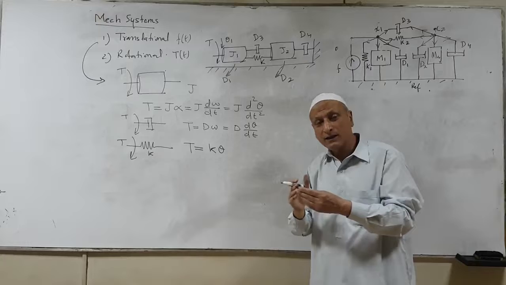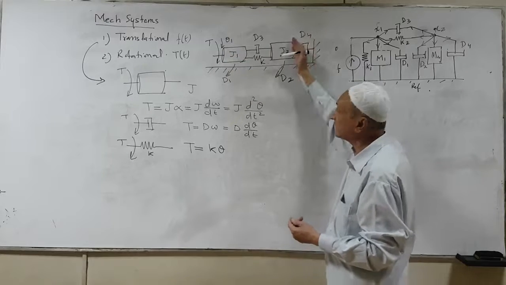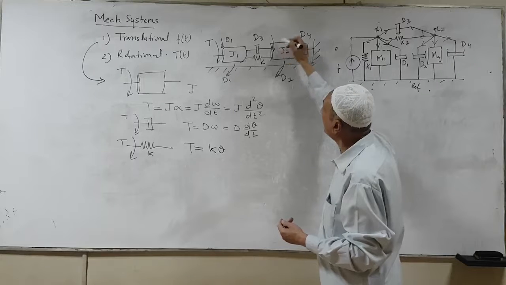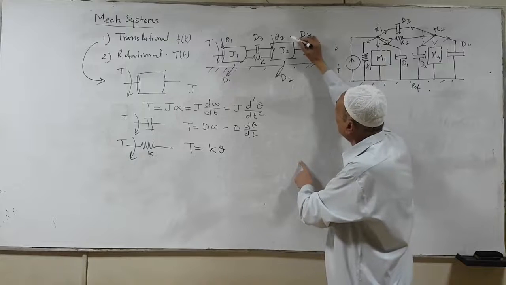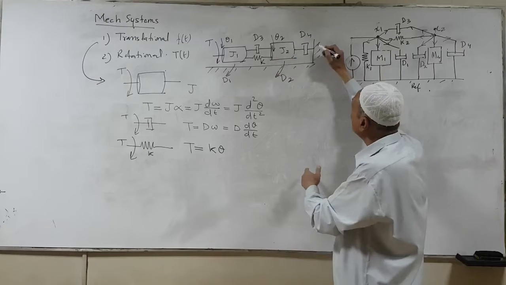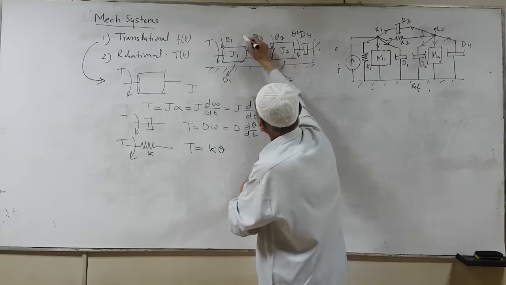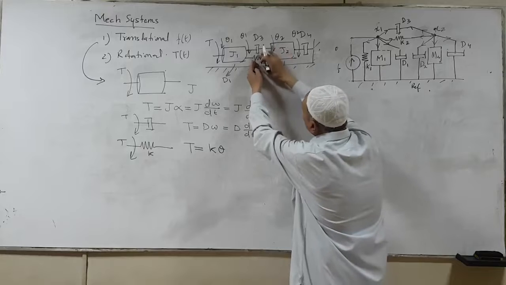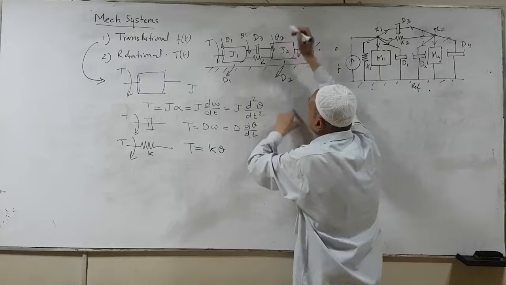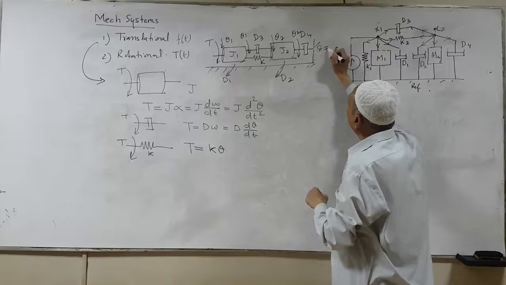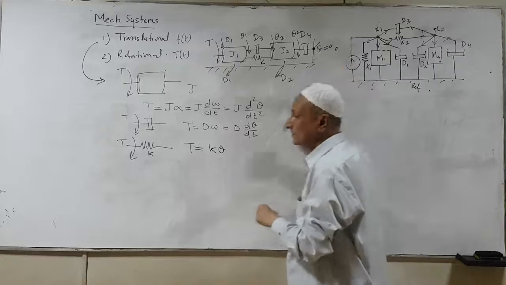It is actually a transmitted torque from the other side, acting on this side to rotate this one to a displacement which is theta 2. On both sides of this J, theta 2 is the same. This is the same as theta 1, but because of those two elements, theta 1 gets a different displacement denoted by theta 2. And this is connected to the reference solidly, so we have theta 0.